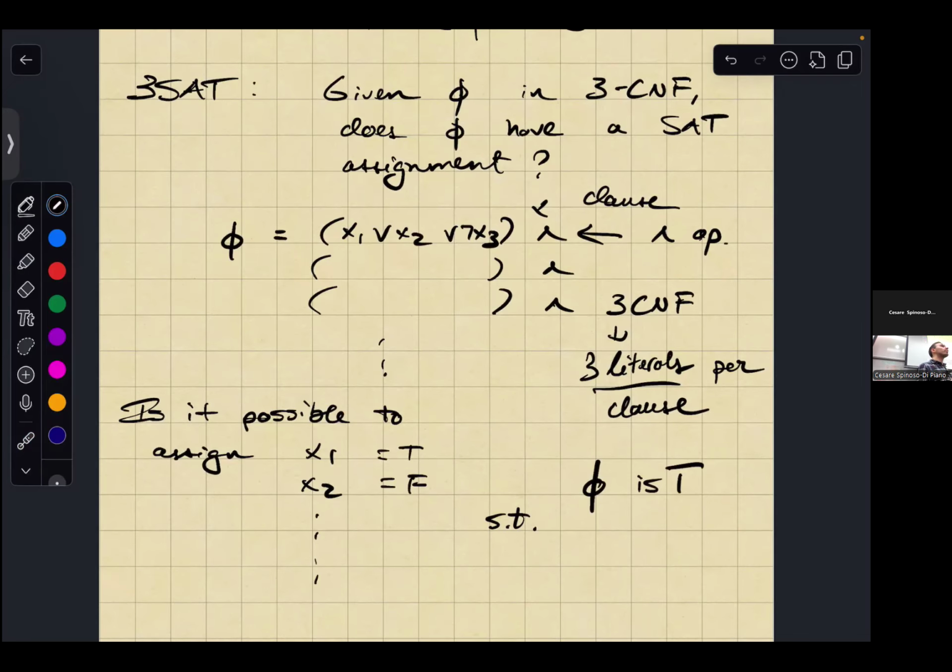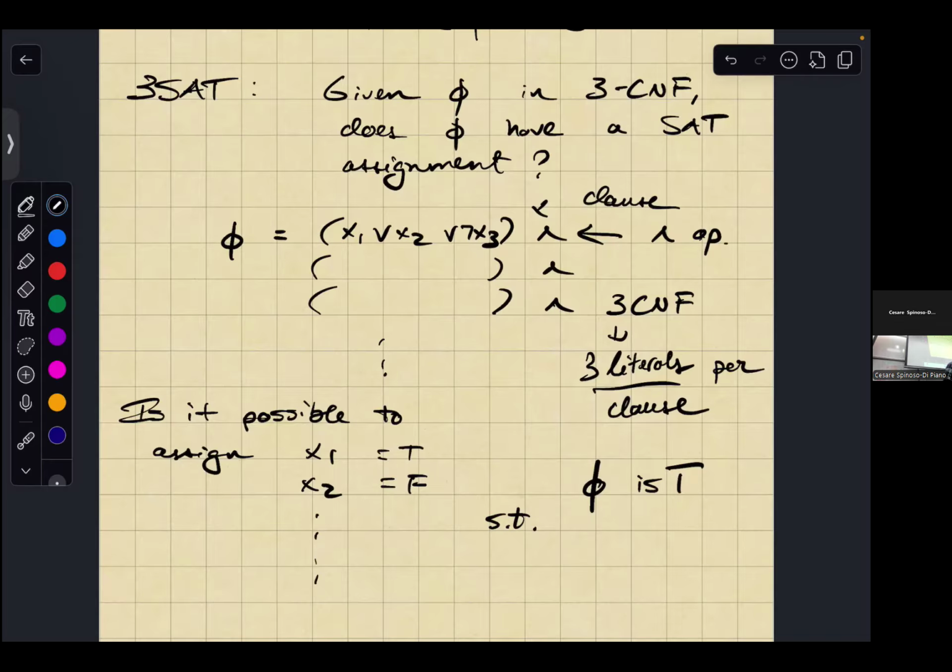That's what it means to find a satisfying assignment. So this is very different from a graph problem. It's about, can I find the truth values of variables in such a way that I satisfy a formula.